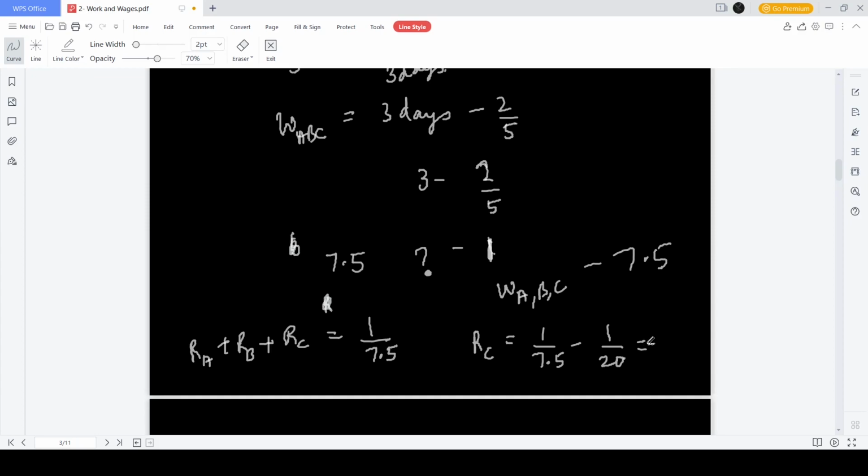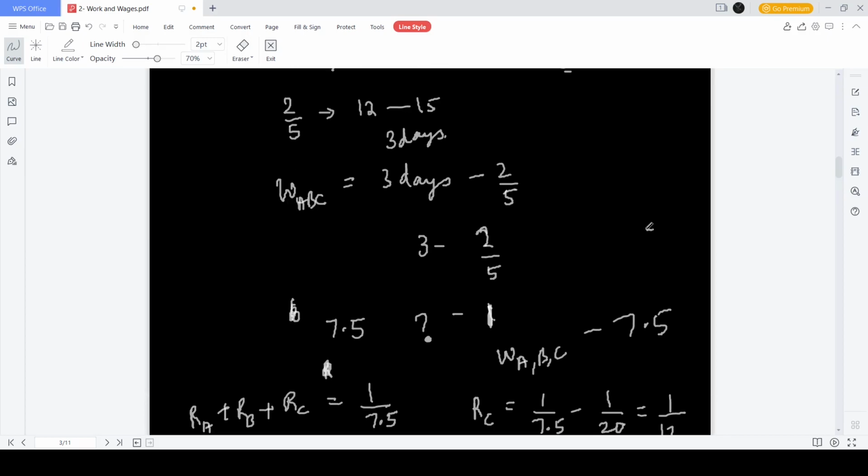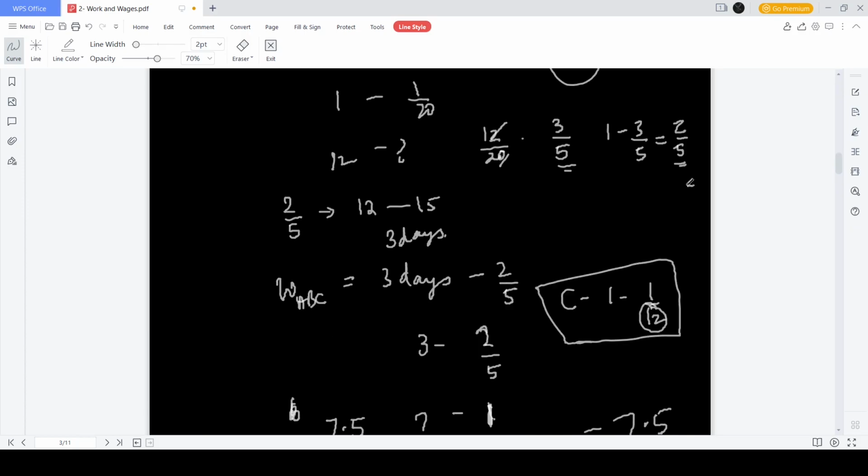So 1 by 7.5 minus 1 by 20, it comes as 1 by 12. Okay, if rate of C is 1 by 12 of the job per day, basically C in one day does 1 by 12th of the job. Okay, so in 12 days, it's pretty obvious it will finish the whole job.